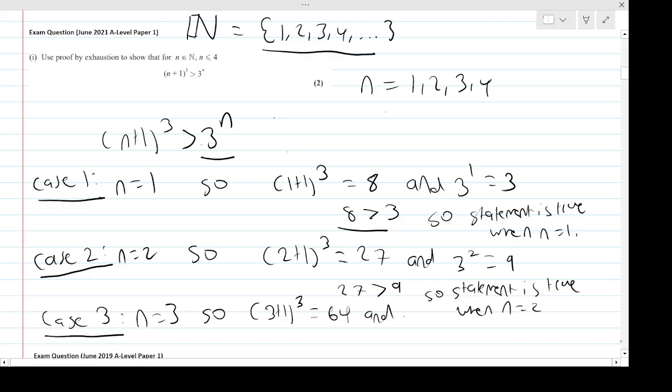And also 3 to the n, oh hang on, no, 3 to the 3, sorry, 3 cubed is 27. So we can say that 64 is greater than 27. So the statement is also true when n is 3.